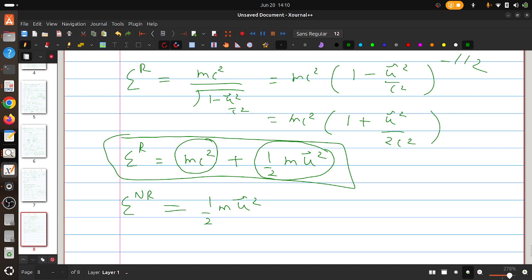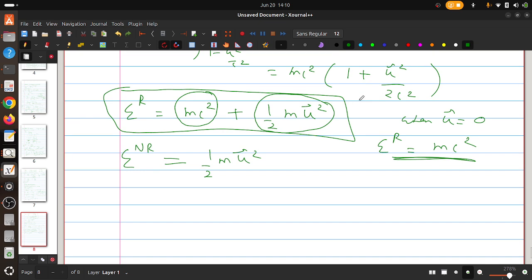A free particle moving has half m u square, and when u is equal to 0, when the particle is not moving at all, in relativity we have some energy at this point. This is called rest mass energy, but the non-relativistic energy is equal to 0. So non-relativistically, we don't have any energy, but here we do have energy.